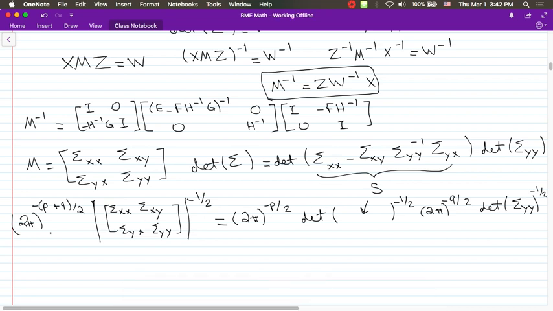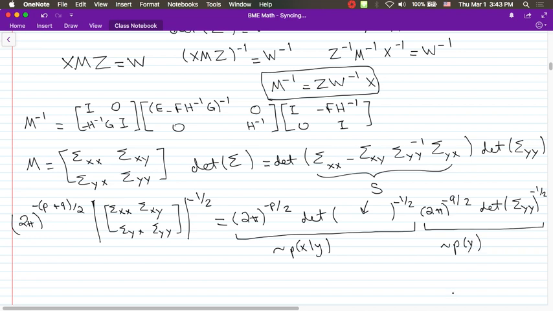What I did is that I factored the normalization of the joint probability distribution in terms of this term and this term. So this is related to P of x given y. It's not the whole thing. This is related to P of y, right? So I factored out P of y here.